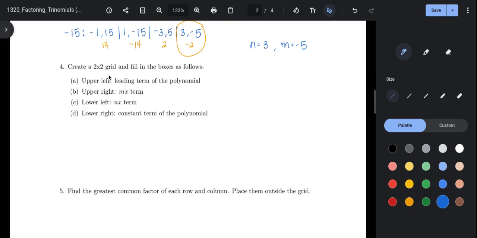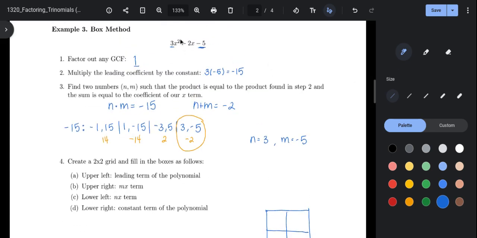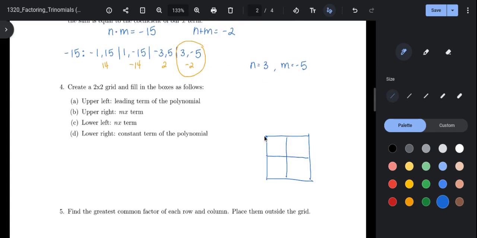So now in step 4, it says we're going to create a 2x2 grid. So we're creating a box. And it tells us that in this first upper left box, we're putting the leading term of the polynomial, which we have is 3x squared.